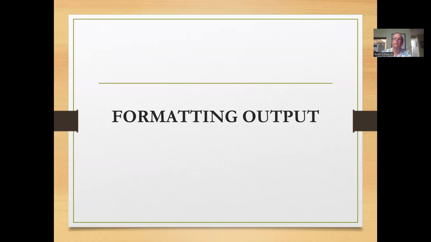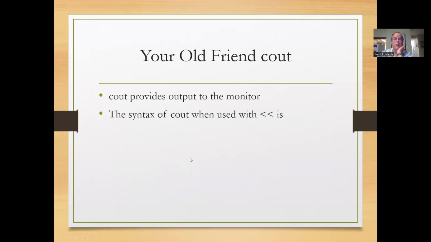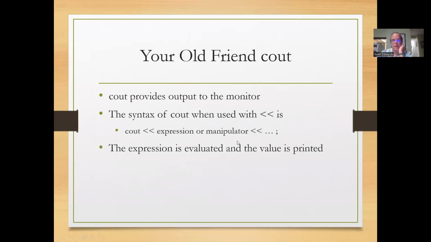The other thing in the first part of chapter 3 is formatting output. And so we've seen our cout already, and cout provides output to the monitor. In the companion lecture, we're going to look at how to do output to a file. The syntax of cout when used with the insertion operator is cout, insertion operator, expression or manipulator, insertion operator, etc. The expression is evaluated and the value gets printed.